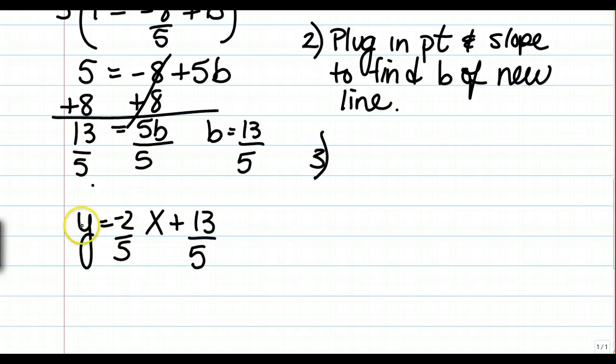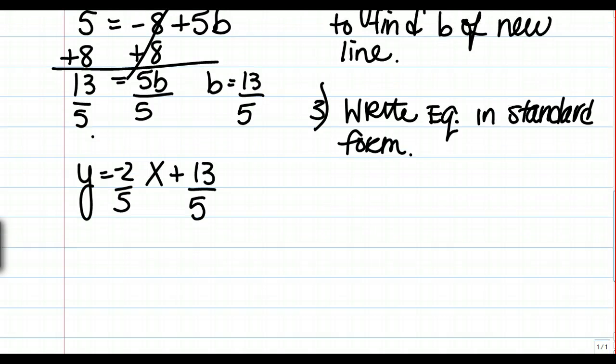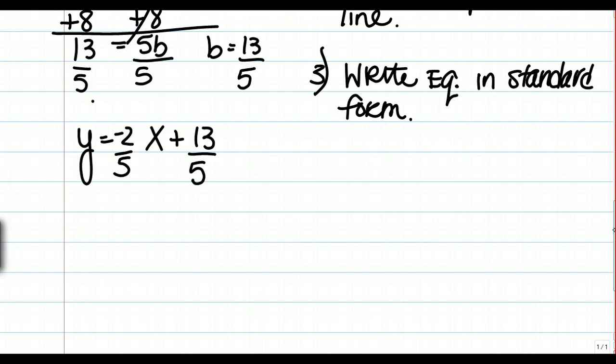Okay, so we have our equation, and now you need to write that equation in standard form. Remember, standard form doesn't have any fractions and it doesn't have a negative in the front. So when I move this over, I have 2 over 5 x plus y equals 13 over 5.